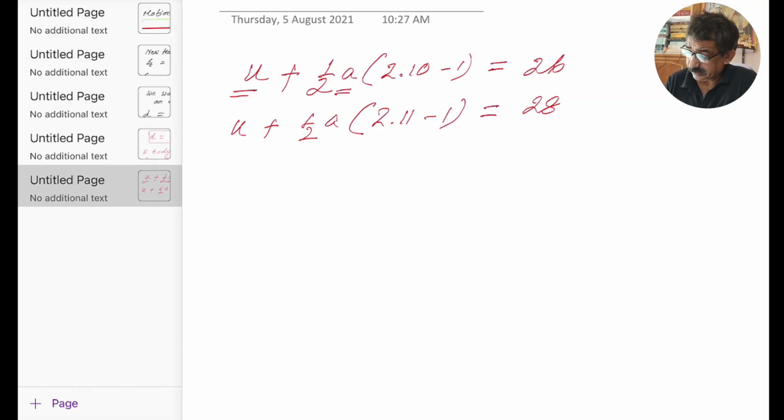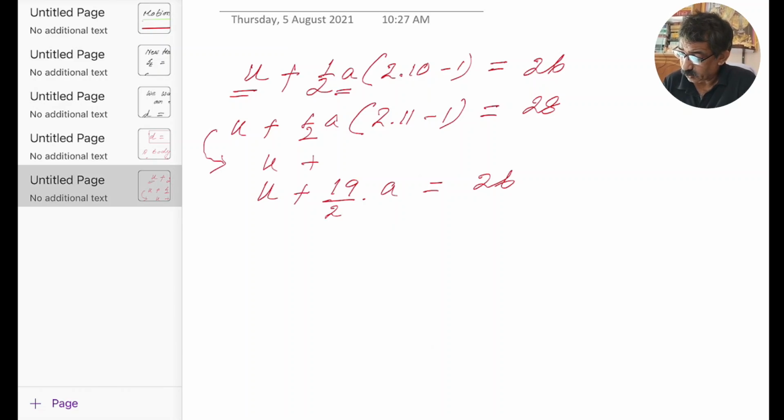So u plus 19 by 2 into a is equal to 26, and u plus 2 into 11, that is 22 minus 1, is equal to 21, so 21 by 2 into a is equal to 28. This is equation number 1 and this is equation number 2.